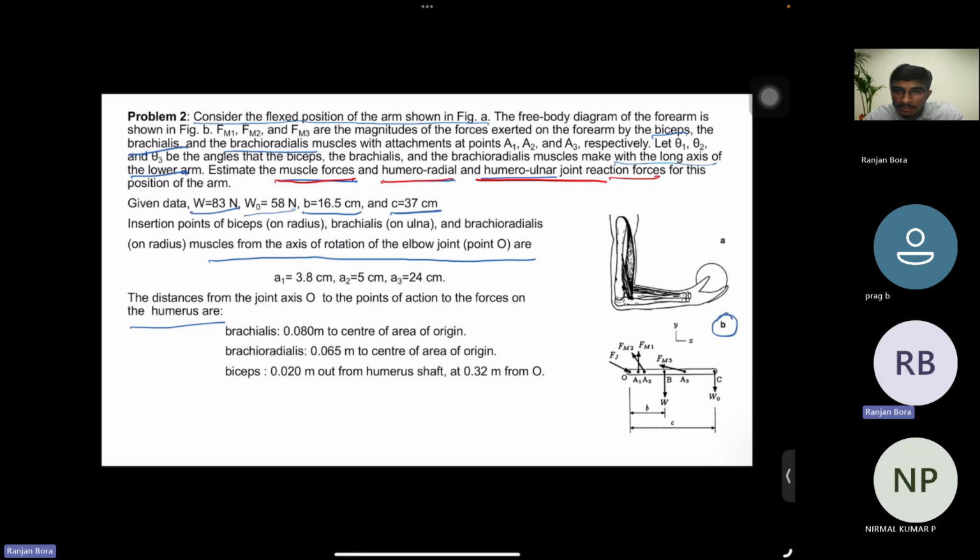Okay, Pragya, what is your doubt about? Are there two muscle forces difference, from this problem or from the previous problem?